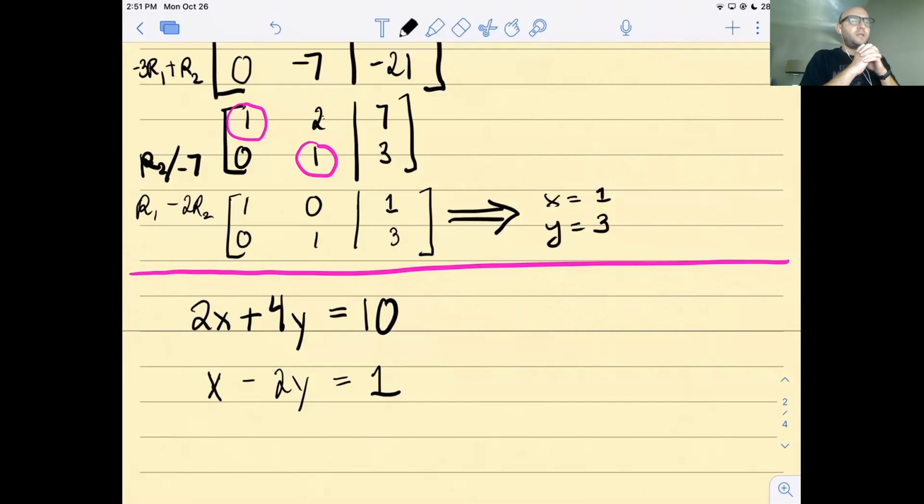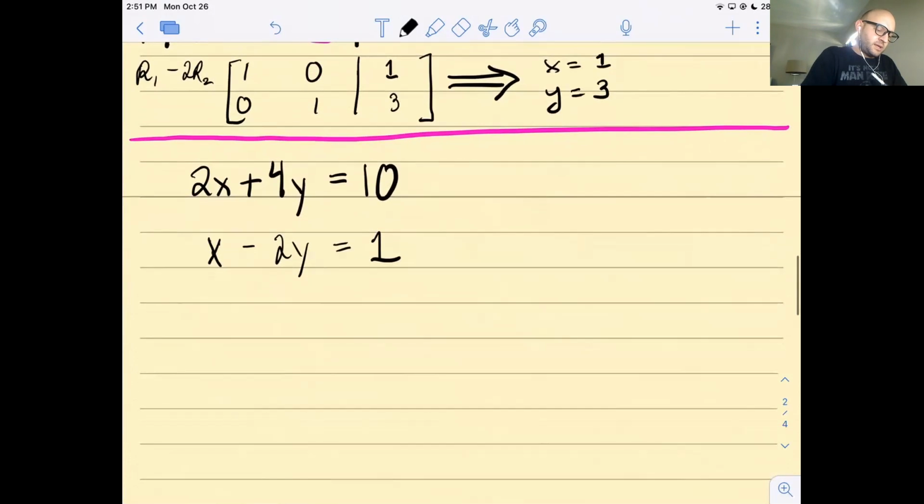Good job if you got the augmented matrix. I think a lot of people got that down. Let me write the first part down. The augmented matrix will turn into 2, 4, 10, 1, minus 2, 1.